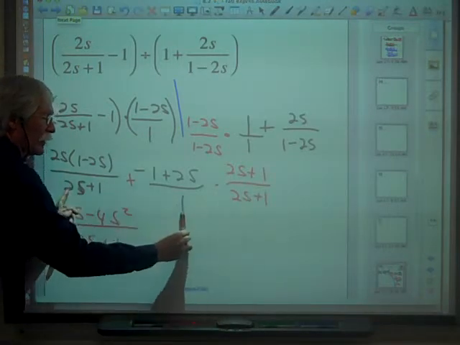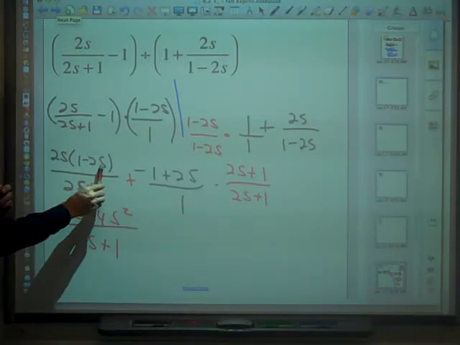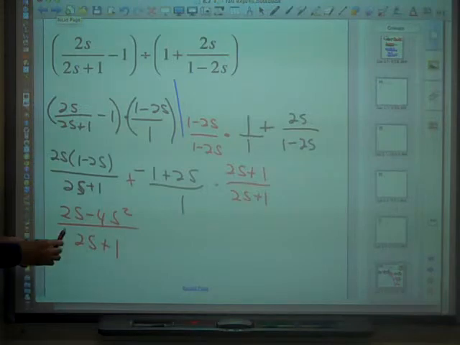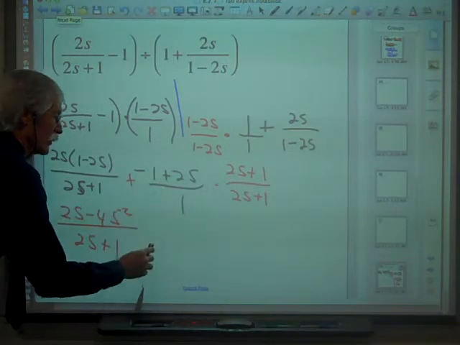These will now have the common denominator. You put the numerators together. So this is 2s minus 4s squared. And what's this going to be?